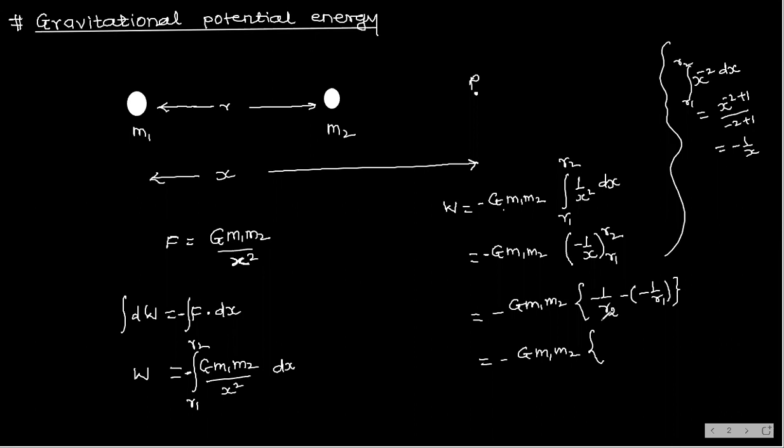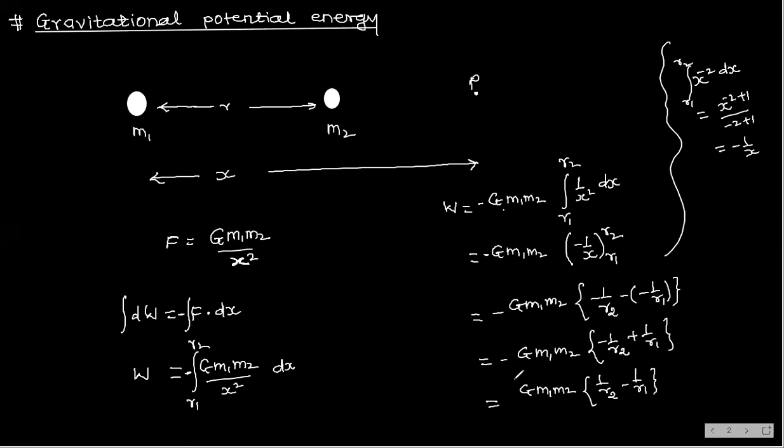So this is equal to minus G m1 m2 into minus 1 by r2 plus 1 by r1. Now multiplying again with this minus sign, we get G m1 m2 into 1 by r2 minus 1 by r1.